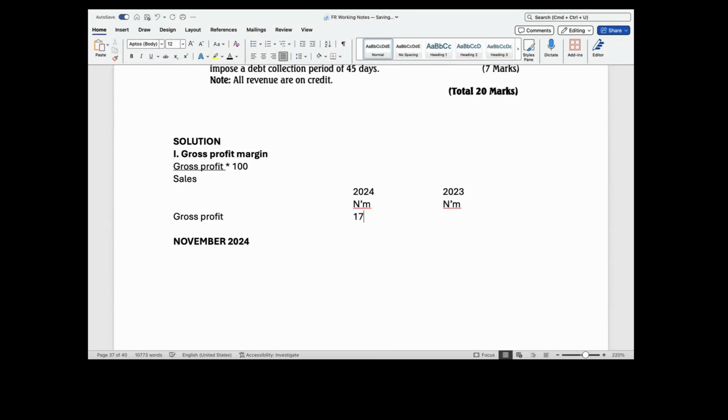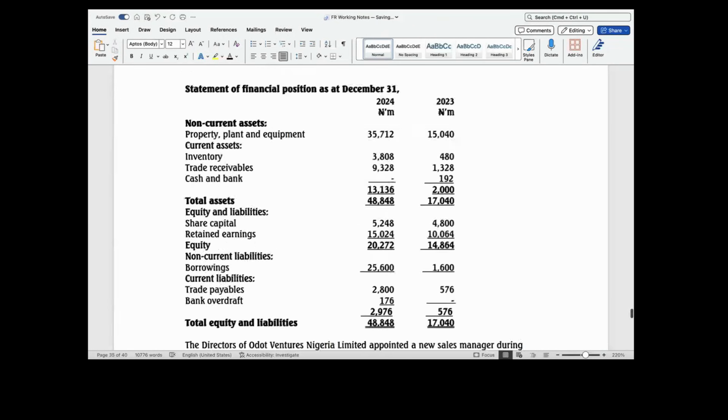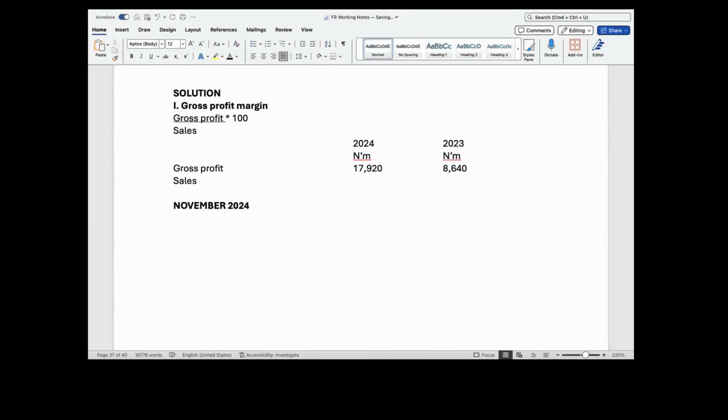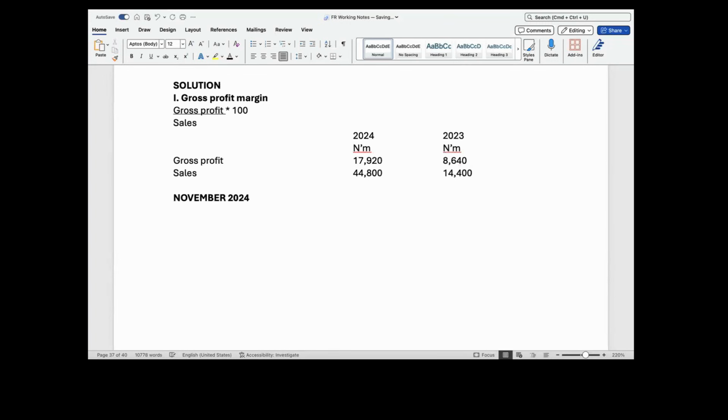My sales in 2024, 44,800. In 2023, 14,400. Then let me multiply it by 100.